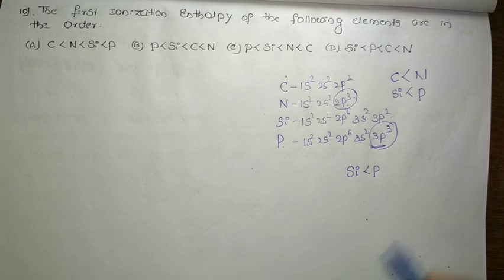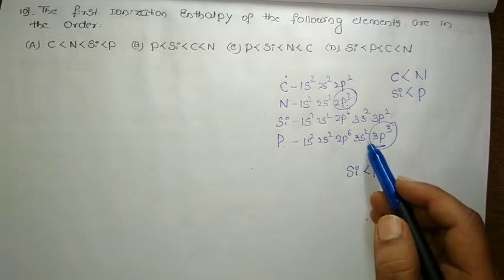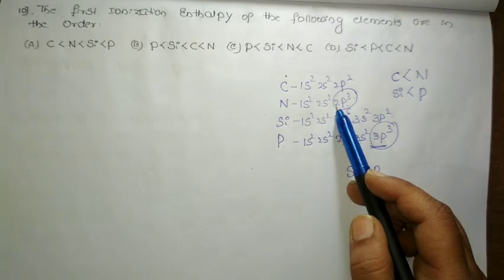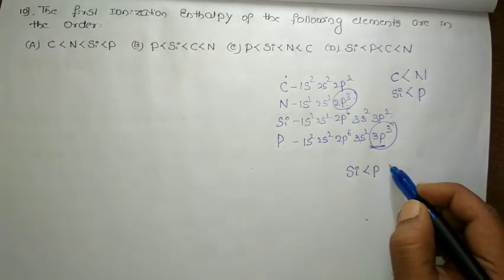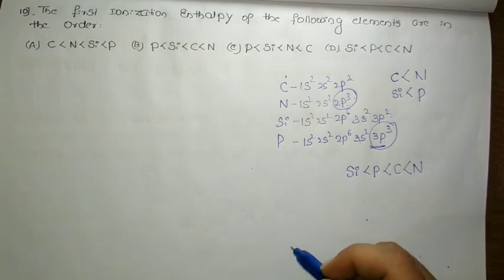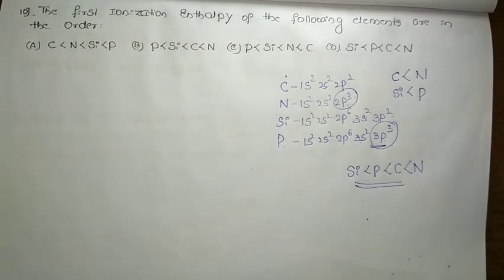Agree? Next between carbon and nitrogen, which has less ionization enthalpy? It's carbon, followed by nitrogen. So this is the arrangement according to atomic number I have solved over here.